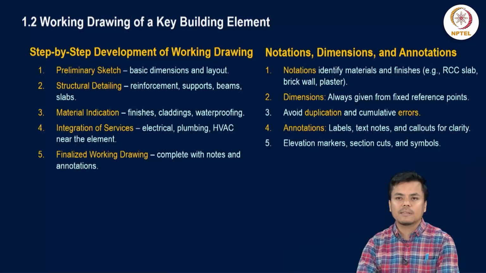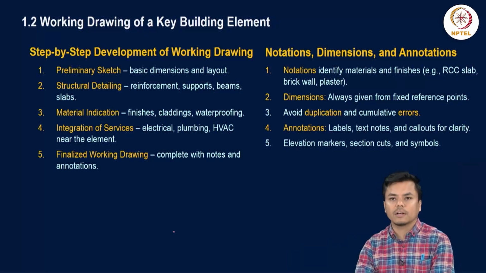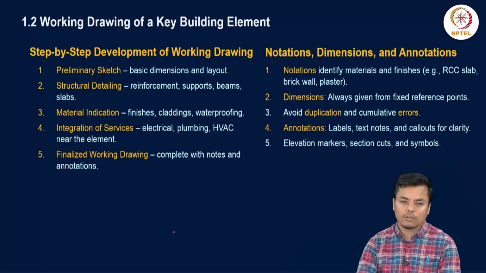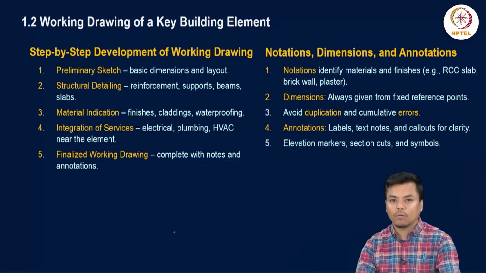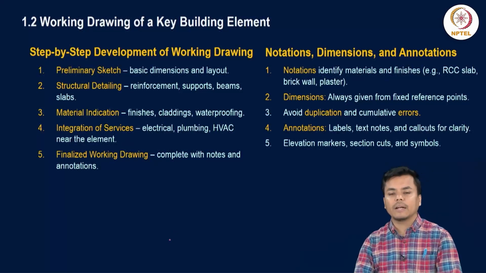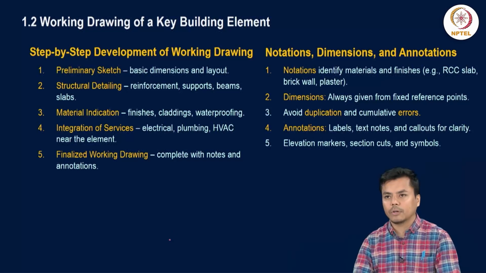So it's a step-by-step development of the working drawing process where you first draw the preliminary sketch, then you draw the structural detailing, then you also indicate the material that is used along with the dimensions, then integration of services if it involves services within that building element or component, and then finalizing the working drawing for the particular project.